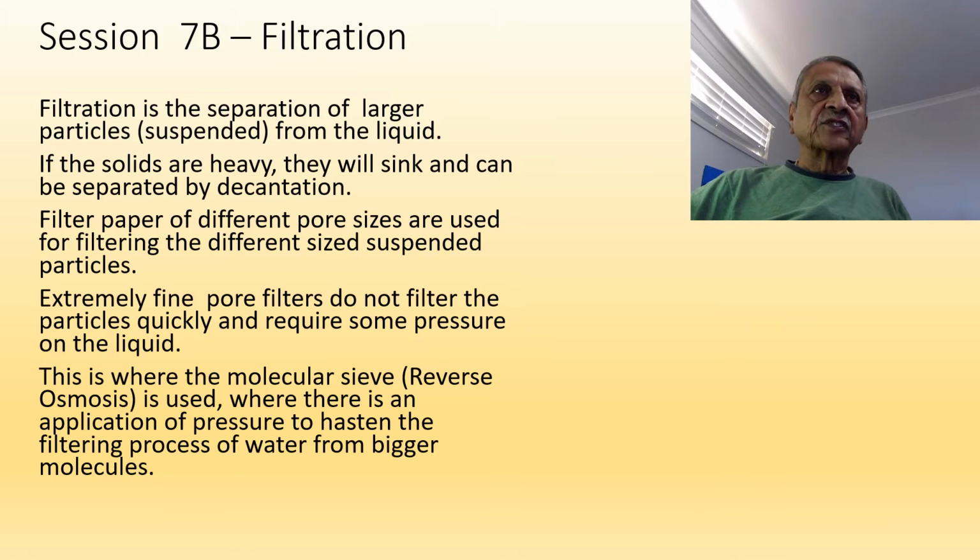These are solids dissolved in ions, and the ions have a particular size. They are small enough to go through the filter paper, so we have to use a molecular sieve.